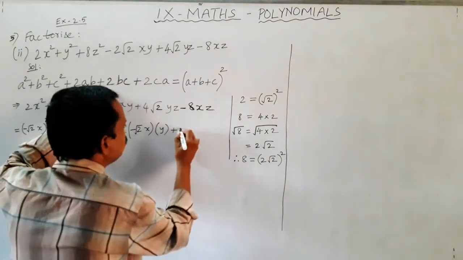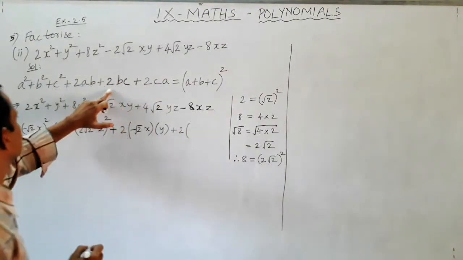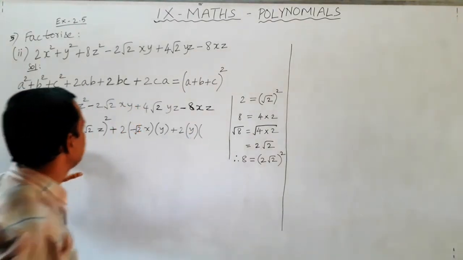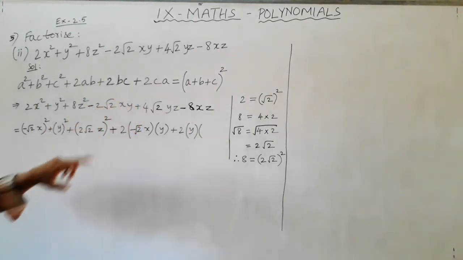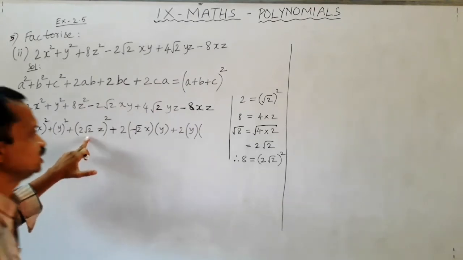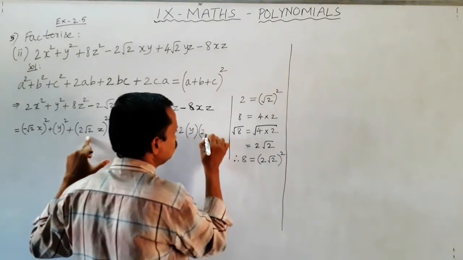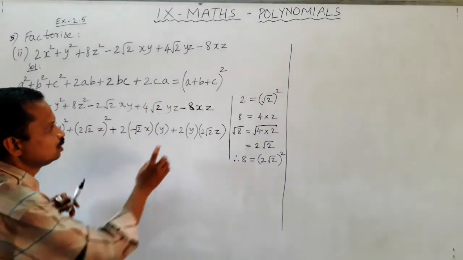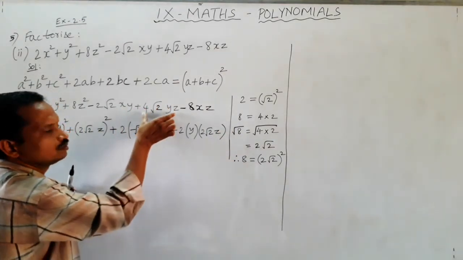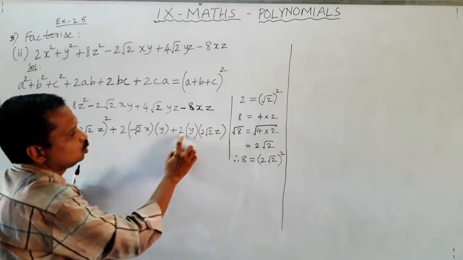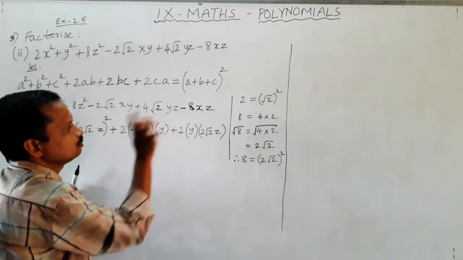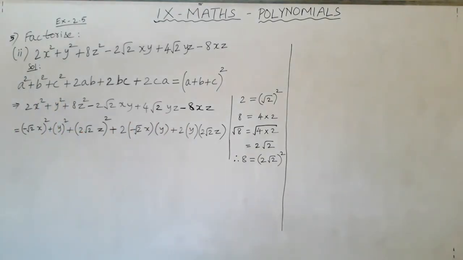So 2, what is b? See, what is b? Y. You put y. And what is c? C is 2 root 2 z. And you try to get the same thing, this term, yz term. 2 into 2, 4. 4 root 2 yz. It's coming correctly. 4 root 2 yz.